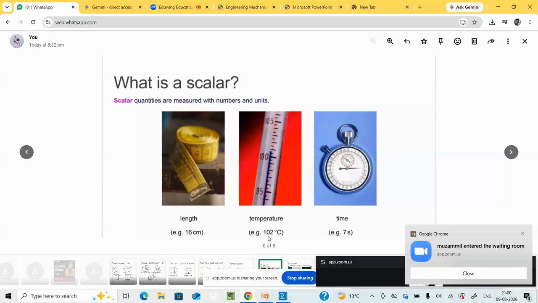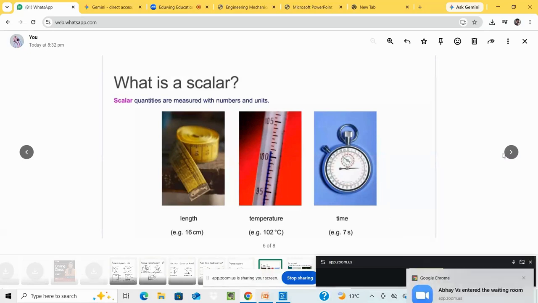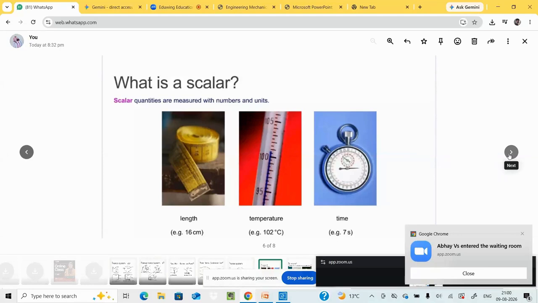Temperature, and in electricity as well as mechanics, it is a scalar quantity only, because volts are there. Current passes at a particular volt or watts or whatever it is, so that is also a scalar quantity. Time, temperature, whatever it is in electrical: wherever you have numbers, we call it a scalar quantity. Sir, I want to know in detail what we mean by scalar quantity.